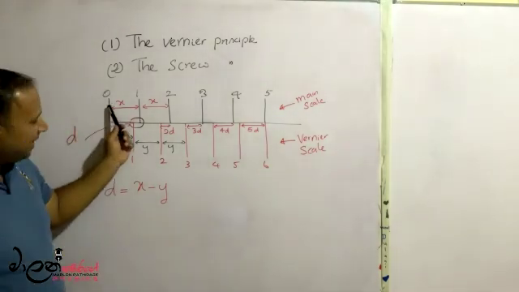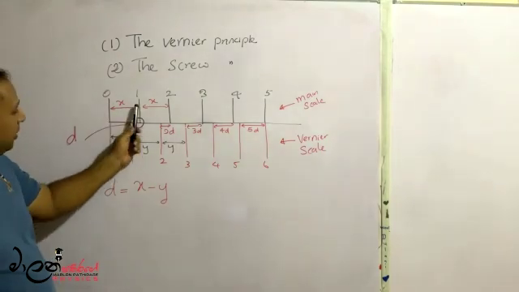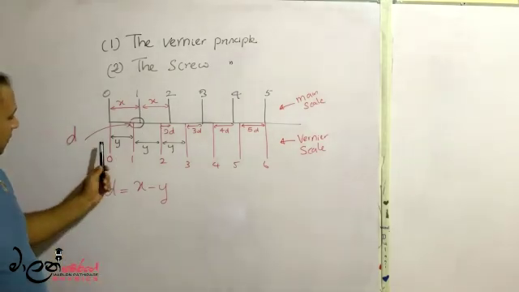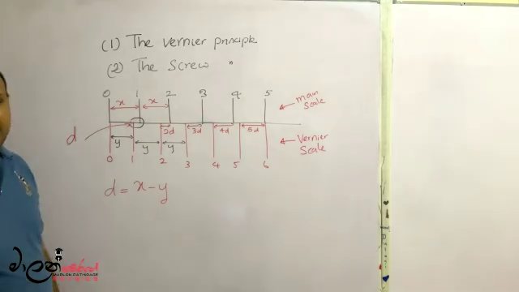X is the gap between two consecutive marks of the main scale. Y means the gap between two consecutive marks of the vernier scale.